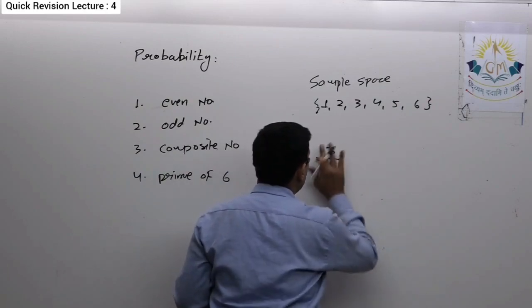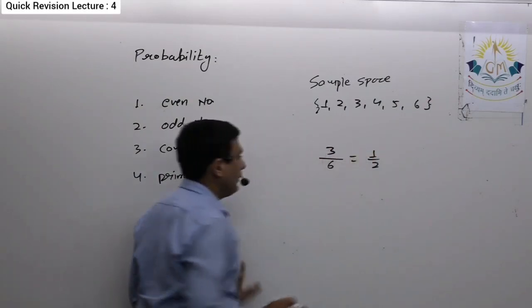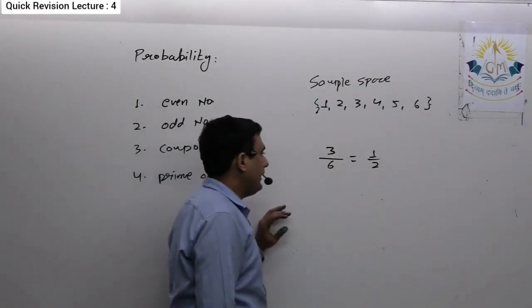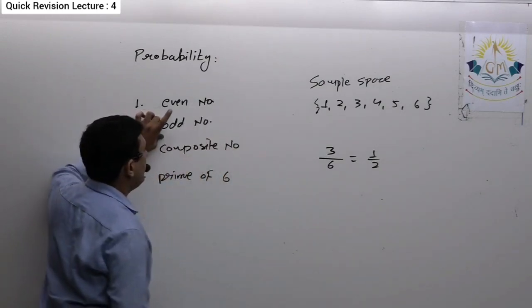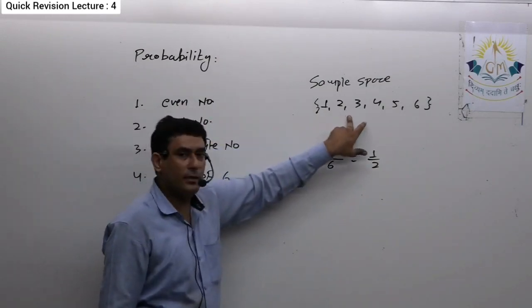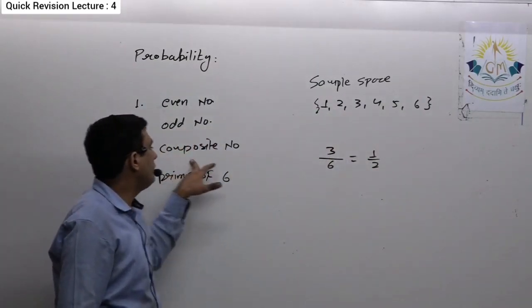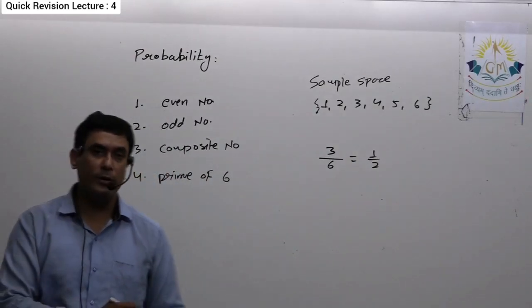I'm not solving in a complete way because we are revising this chapter. I hope you know how to write in the fixed format, I'm just giving you an idea. So the probability of getting an even number is 1 by 2. The probability of an odd number is again 1 by 2, because there are 3 odd numbers. Now for the probability of a composite number, first of all you should know what a composite number is.